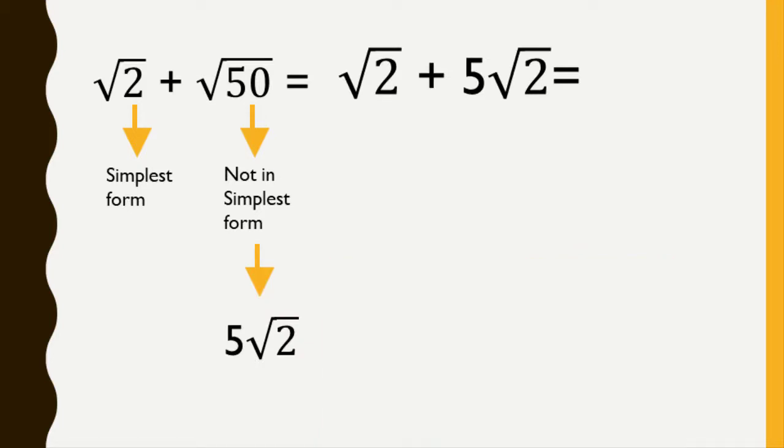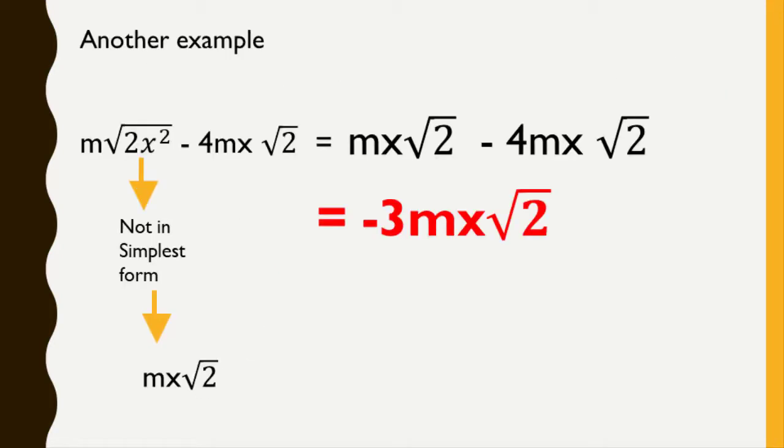Now that square root of 2 can be added to the simplest form of square root of 50, which is 5 square root of 2, the result will be 6 square root of 2. Another example, m square root of 2x squared minus 4mx square root of 2.